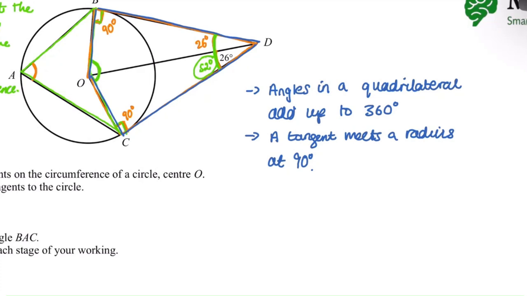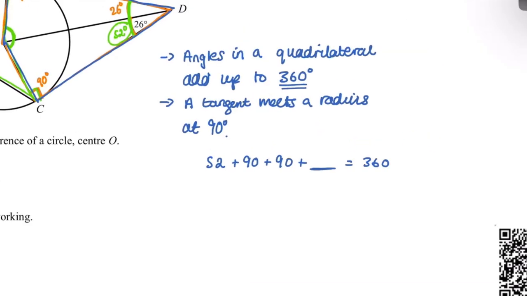Okay, so over here, we know that angles add up to 360 in a quadrilateral. So we know that 52, plus 90, plus 90, plus that missing angle is equal to 360 degrees. So we have 90 plus 90 plus 52, which gives you 232.